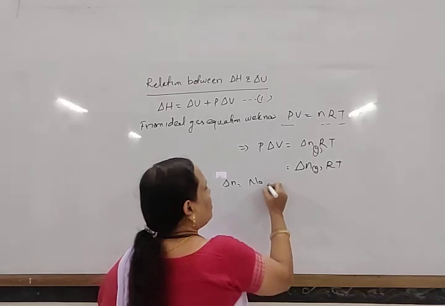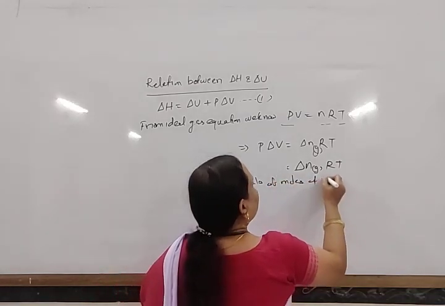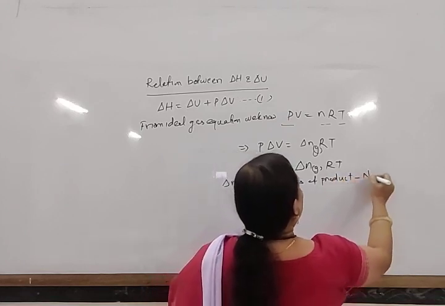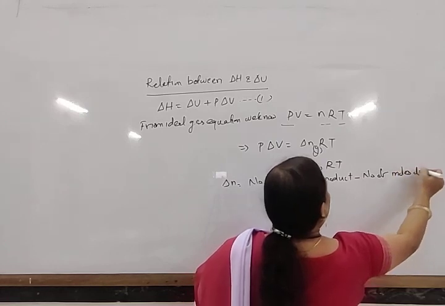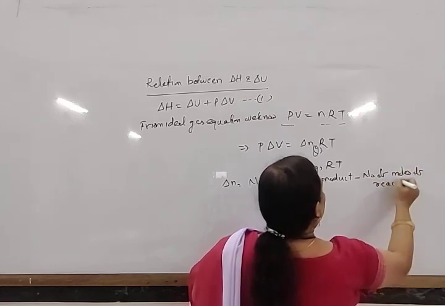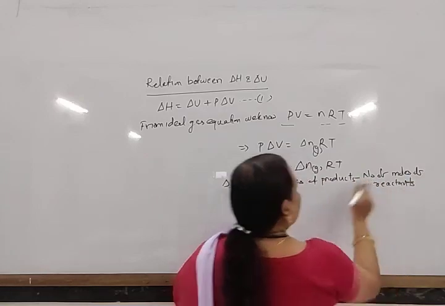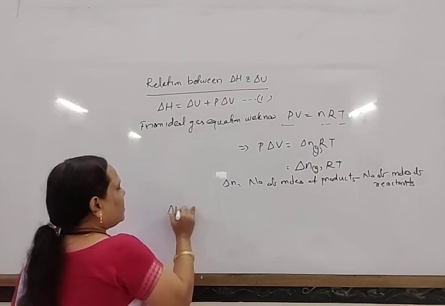That is, number of moles of products minus number of moles of reactants.